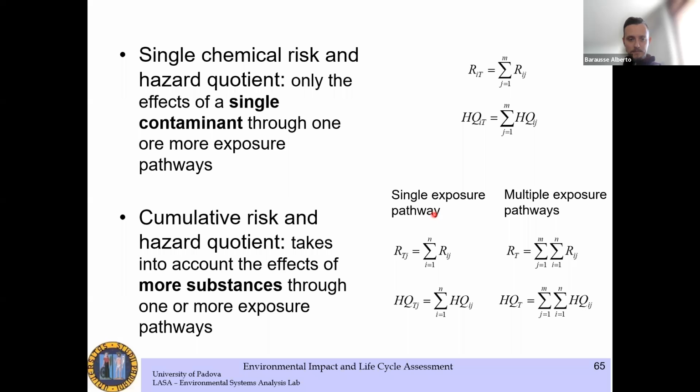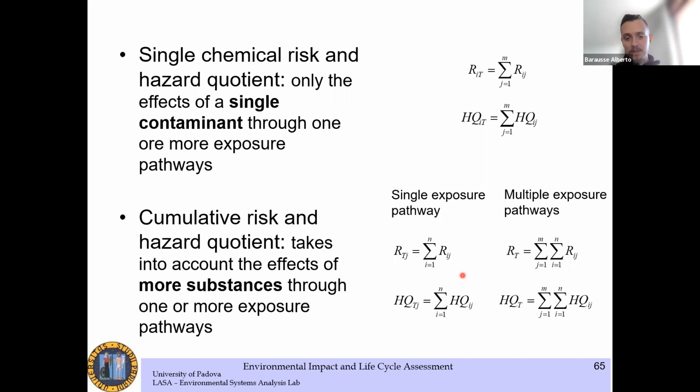So what you do is to calculate the risk for each pathway, or the hazard quotient for each pathway, and then sum them. Sometimes you have more than one contaminant which can reach your target through one or more exposure pathways. And so what you do is to sum risk or HQ over pathways and over substances.